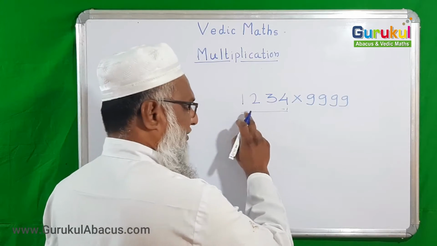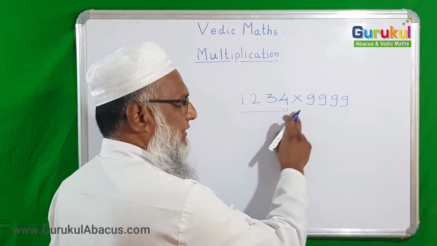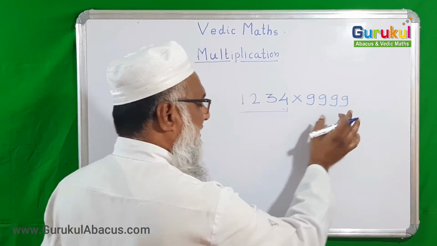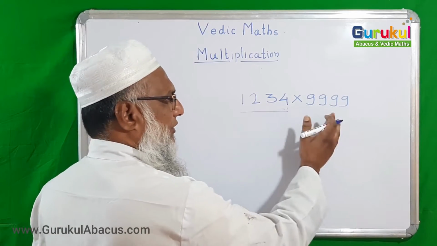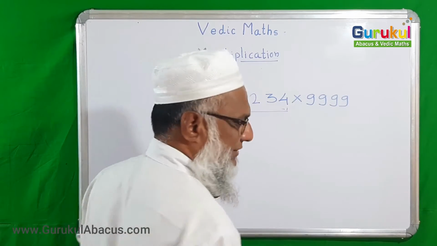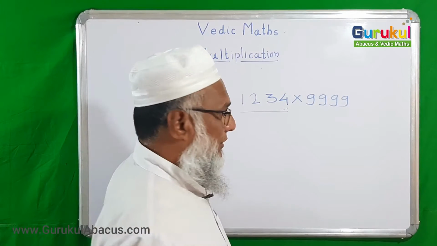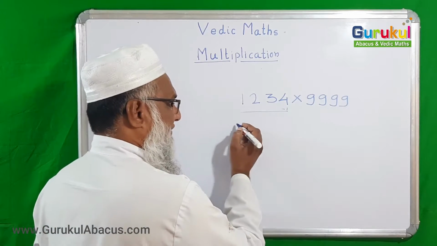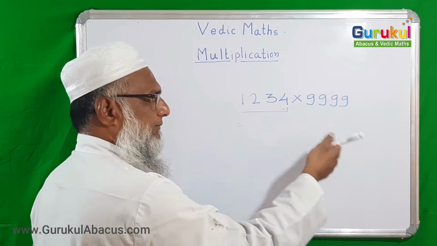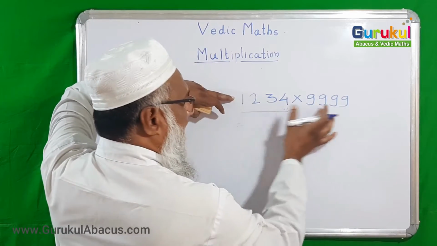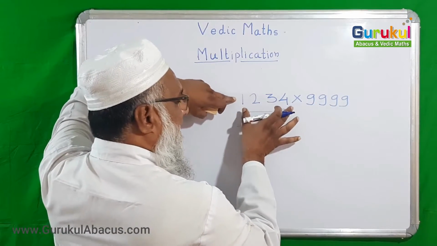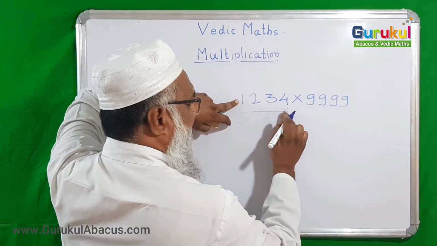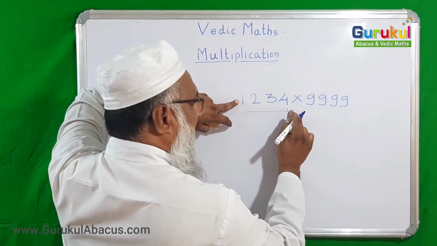One more time we will repeat this example, so we will get more understanding. This is a 4-digit number and this is the 4-digit greatest number. In this situation, means one of the given two numbers is the greatest number, to find the product, apart from the greatest number, write that number as it is just by subtracting 1 from it.